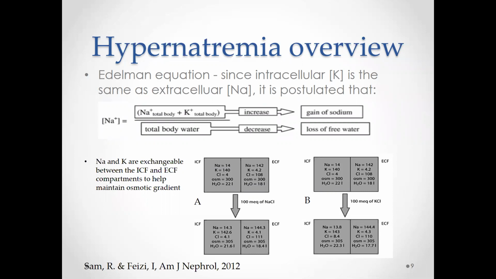That's why in the second figure the water content is a bit higher, from 18 liters to 18.4. And some of the potassium will automatically go intracellularly to maintain the neutral osmotic gradients. You can see the potassium 4.2 came down to 4.1 here. Hence we use both potassium and sodium to estimate the serum sodium.